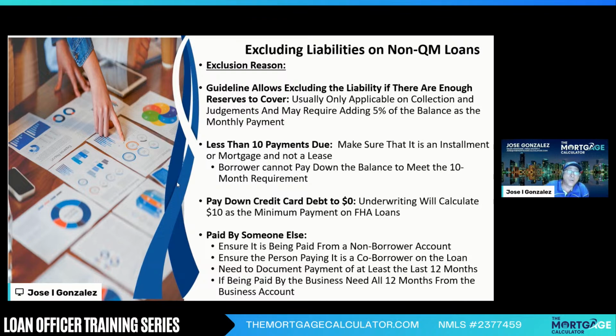Now you see the other exclusion reasons are all going to be the same. If it's less than 10 payments due, then make sure that it's an installment account or mortgage, not a lease. You're going to pay down the balance to 10 months to meet the requirement. If you pay it down to zero, the payment to be considered will be zero, not $10 like FHA.